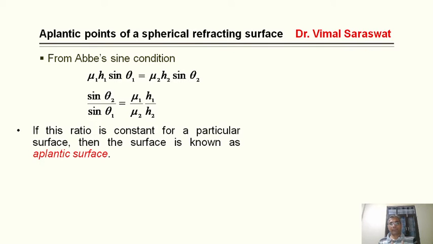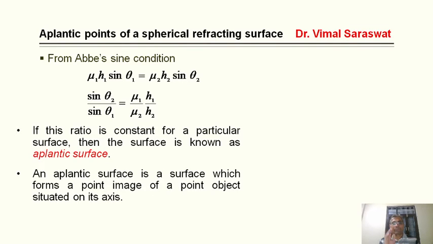So an aplanatic surface is a surface for which the ratio of sin theta 2 and sin theta 1 always remains constant.